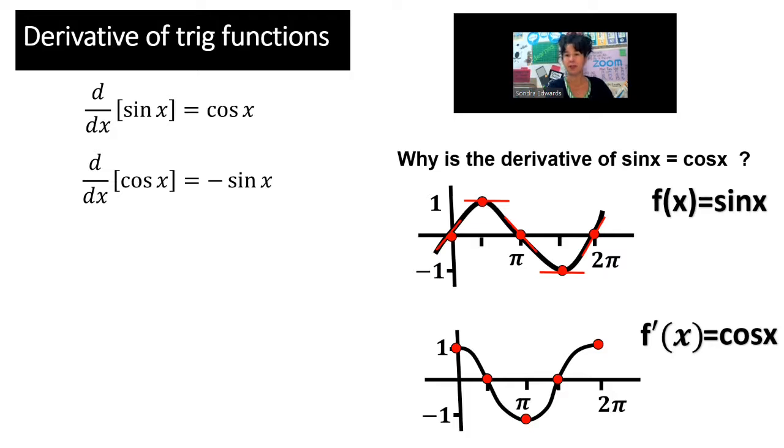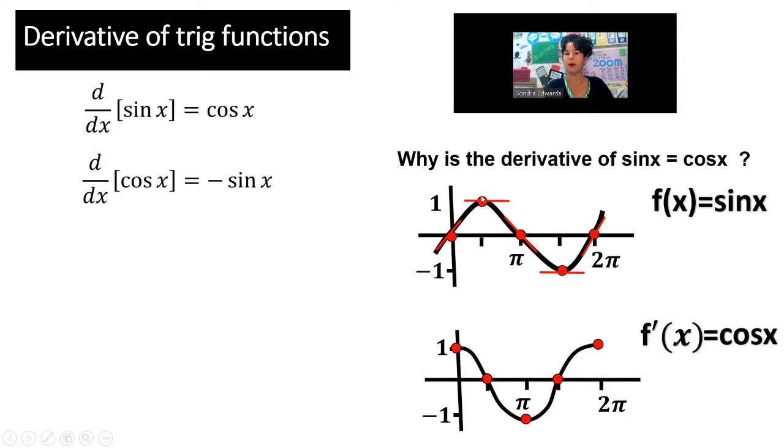A couple other observations, just really some reminders: notice how the original function sine of x is increasing from 0 to pi over 2, and all of the points from 0 to pi over 2 are above the x-axis. The local maximum turned into an x-intercept.